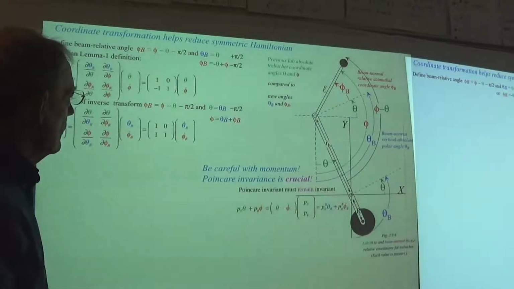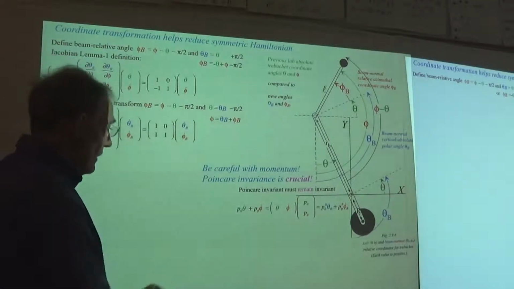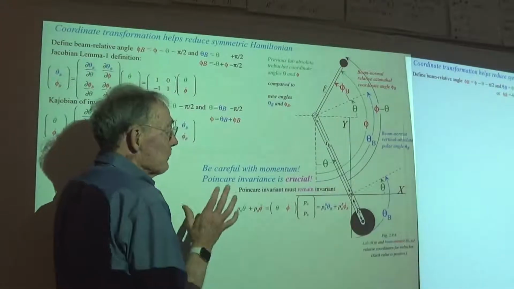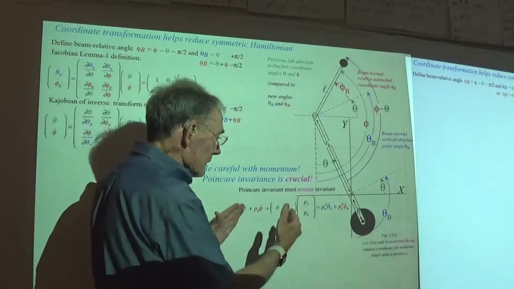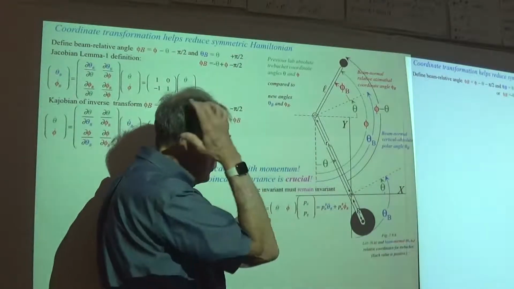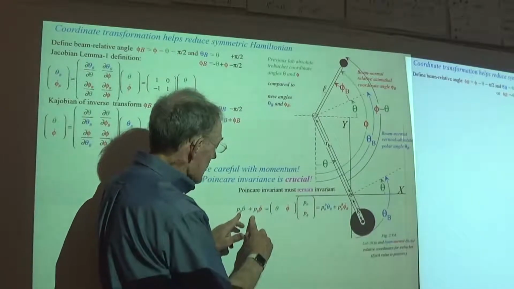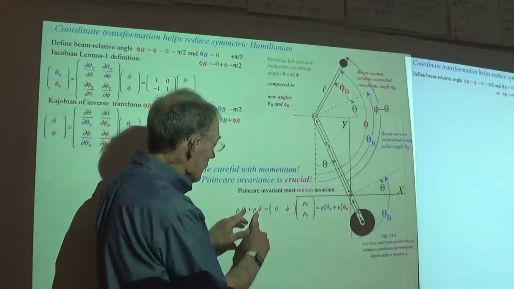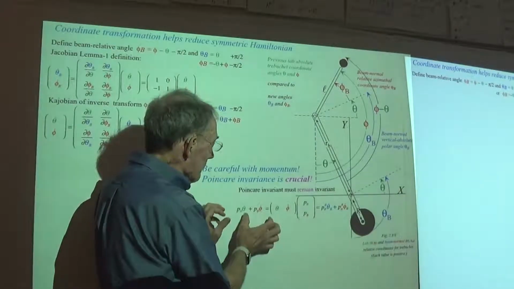Now, what I want to point out is that when you're messing with these variables, you really have to be careful to get the right momentum. One of the things that is part of this is the first part of the Legendre transformation: old momentum theta, old momentum phi, old velocity theta, and old phi velocity.